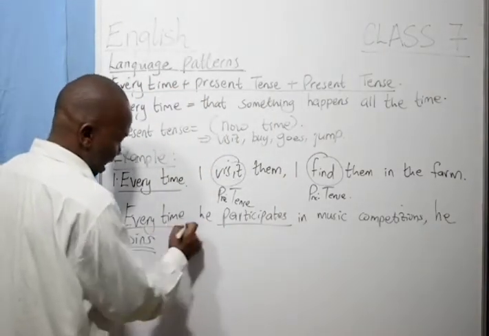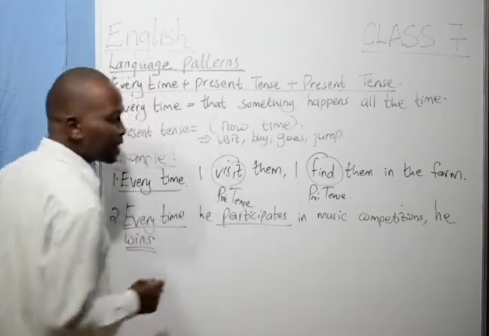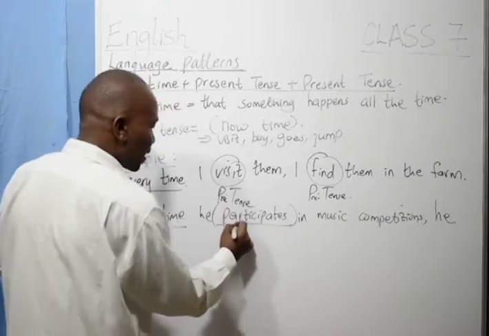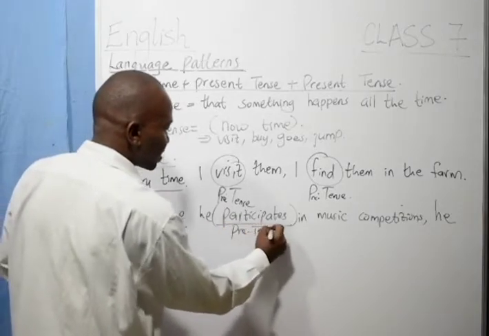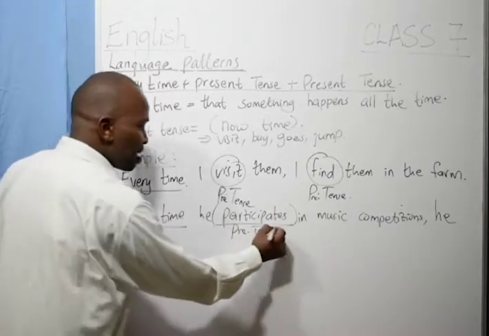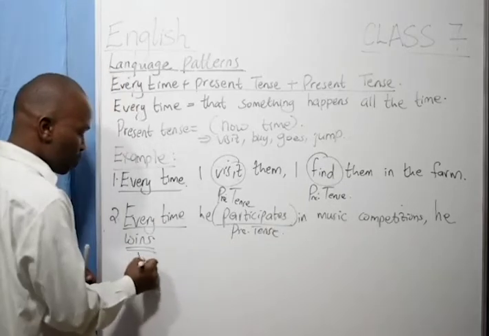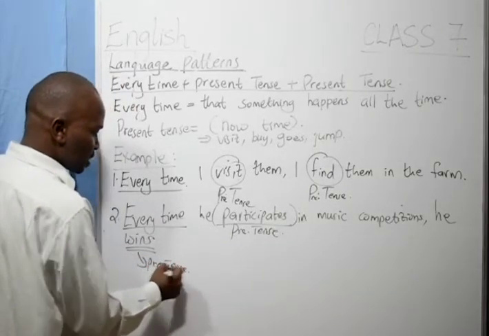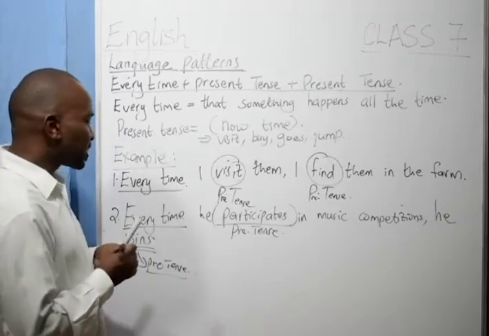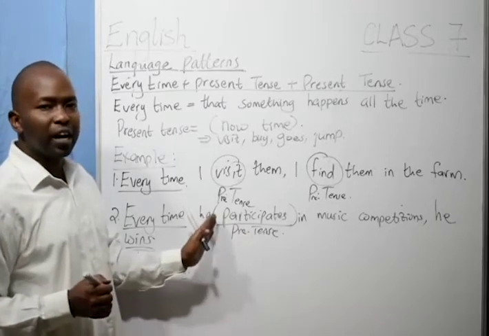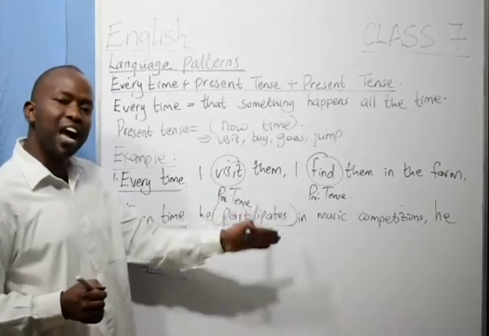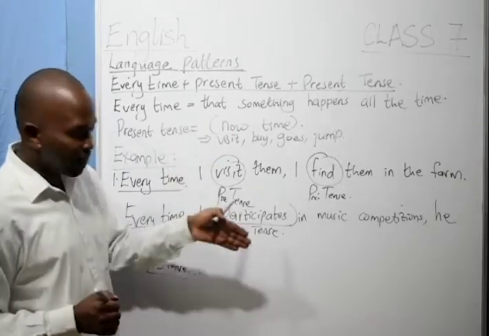Every time he participates, present tense. Every time he participates, he wins. Again, another present tense. So what does this mean? It means that the actions you are talking about happen all the time.